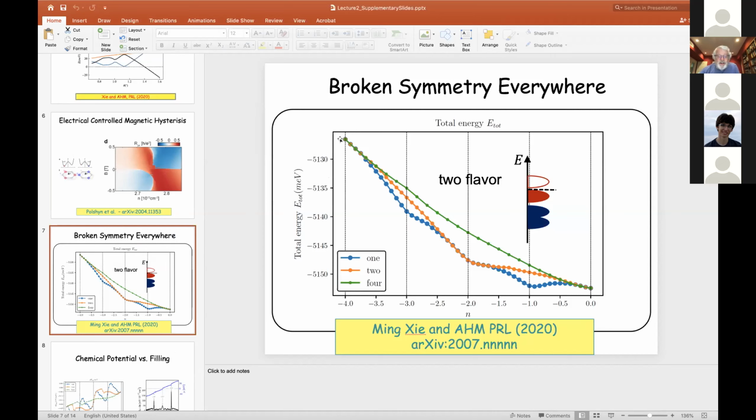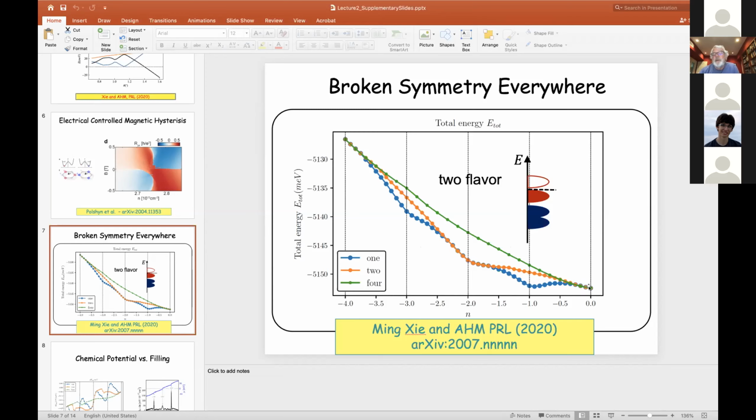This particular curve is a theoretical unrestricted Hartree-Fock calculation with 4 flavors, allowing the flavor symmetry to be broken down to two equivalent, 2 different from the other 2, 1 different from the other 3, let's say, or allowing all to be different.